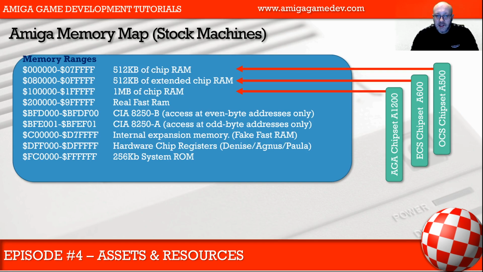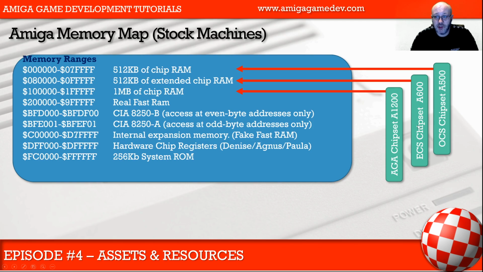Now I did touch on this, and I said I'd touch on it a little bit more because it's pretty important, this one. When you're allocating memory, just to quickly recap, these are the memory ranges that were typically given by, I guess, Commodore really, or Amiga Incorporated. If you had an OCS chipset or an A500 and you bought one, you would get 512k of chip RAM.